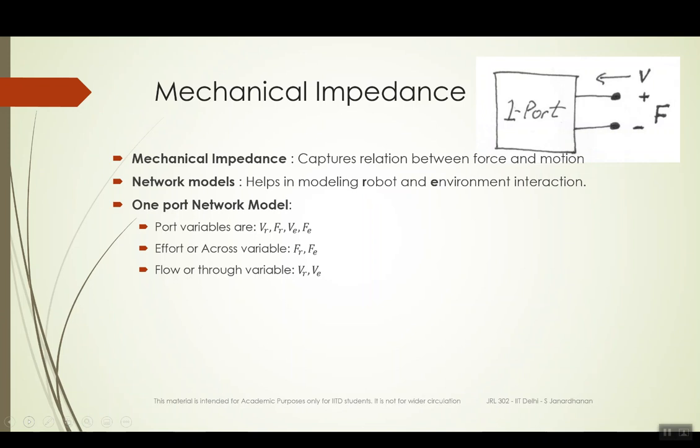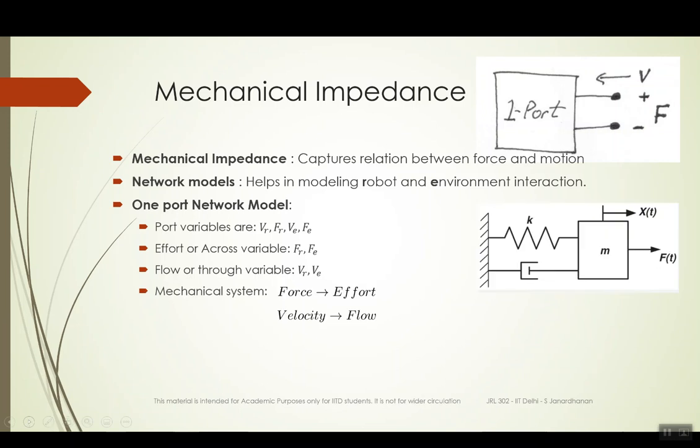A typical one port network would have two types of variables: across or effort variables, and flow or through variables. In both mechanical and electrical cases, you have an equivalence for this. If you have a mechanical system, then the effort is the force being applied, and the flow variable is the velocity achieved by the application of the force.